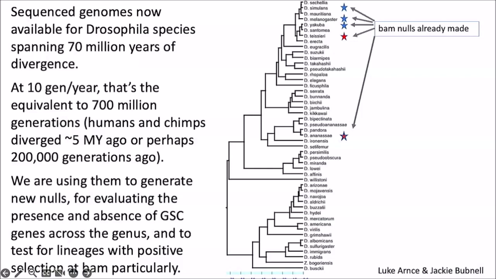As a prelude, we know that the bag of marbles gene is present in all of these species, but we only know in some species that it's not actually critical to this particular process. We're now testing its influence on stem cell function in hemopoiesis and also in gut homeostasis, for those we don't know yet.